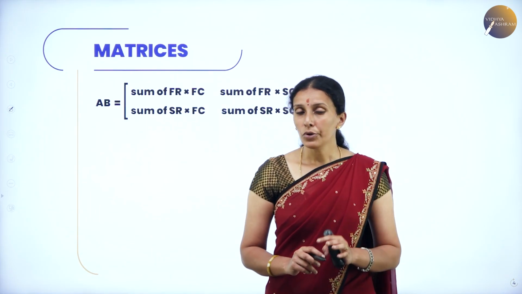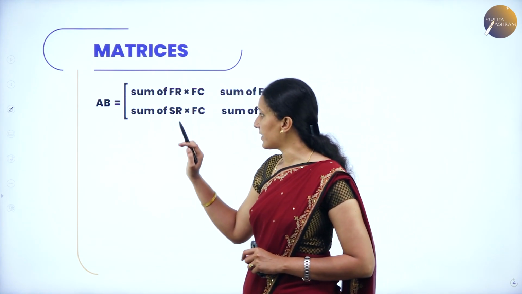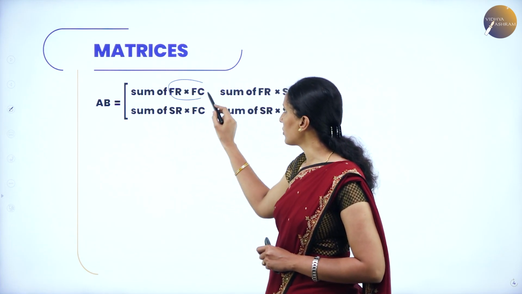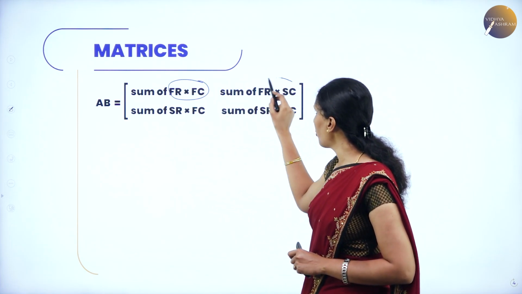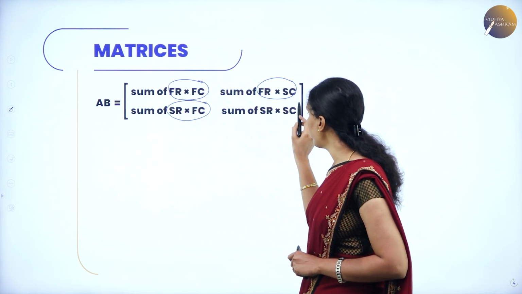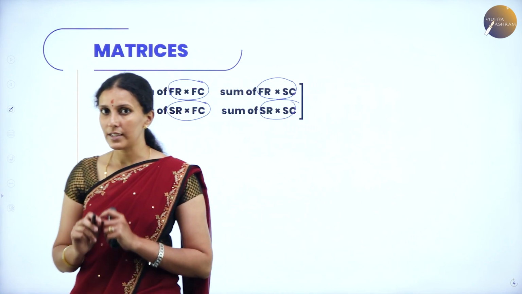Now, how to find out the product of two matrices? So this is the rule we see here. This is the sum of first row into first column, sum of first row into second column, second row into first column, and sum of second row into second column. So first let us write the two matrices given here.